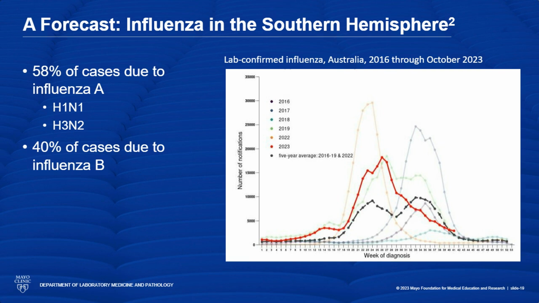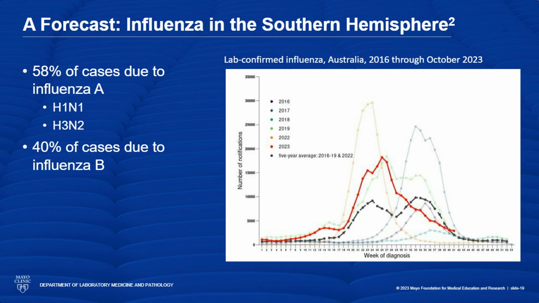And that's why we see years where there is a very, very good match between the strains that are circulating and the vaccine, and some years there's not as good of a match. So in the Southern Hemisphere, you can see here that this is data from the Australian CDC, and the red line is the flu season that occurred this year during our summer months.